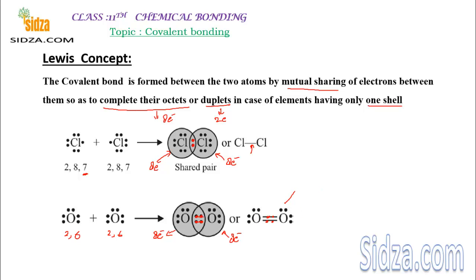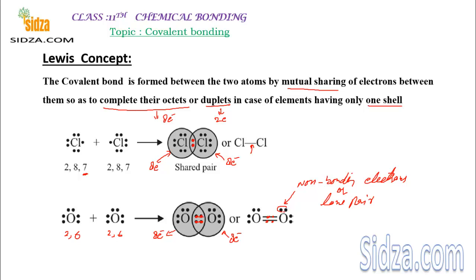So these are the non-bonding electrons here, right? The valence electrons which do not take part in the bonding. So that means oxygen has 2 non-bonding electron pairs, or you can also call them lone pairs. So oxygen has 2 lone pairs.